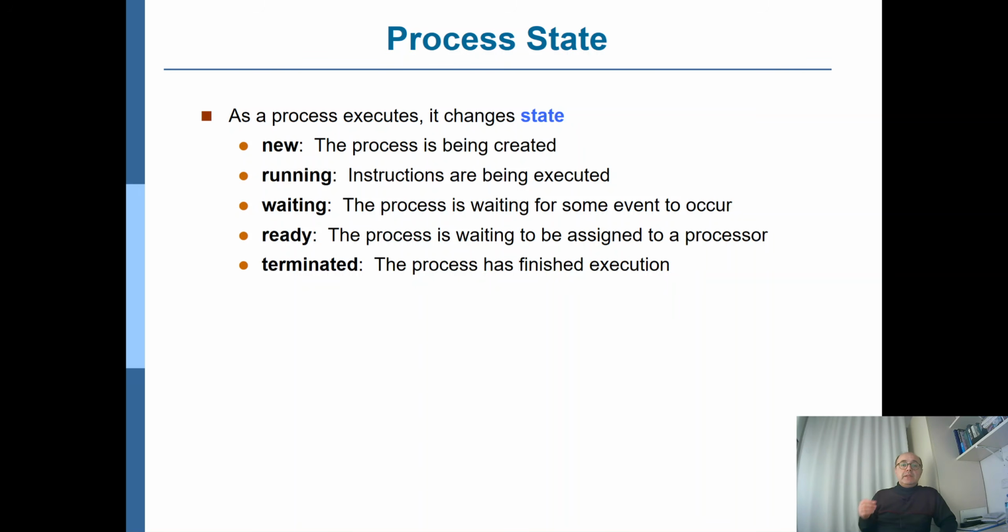Therefore, the moment the process wants to do some I/O, its state will be changed from the running state into what's called the waiting state, waiting for something to happen, some I/O to be completed. Or, as we will discuss later, for example, for some signal to arrive. I'm waiting for that signal to come. And you don't keep the CPU busy while waiting for that.